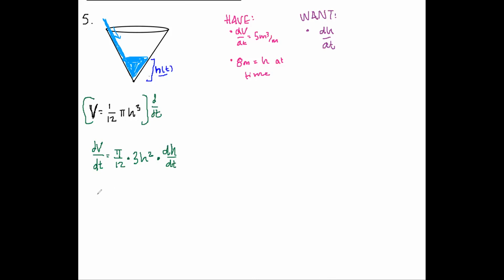So I'm going to simplify this a little bit. This is going to be dV/dt is equal to 3 divided by 12, so this is going to be pi h squared over 4, right? So the 3 is divided by 12, dh/dt. So what we can do is say that dV/dt divided by pi h squared times 4 is equal to dh/dt.